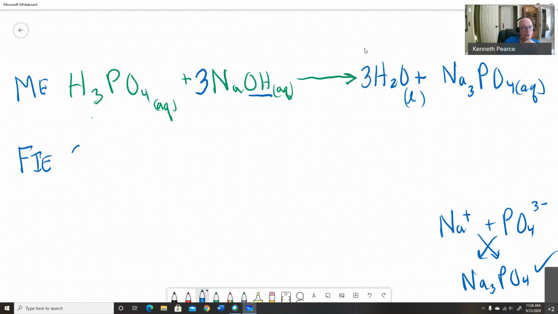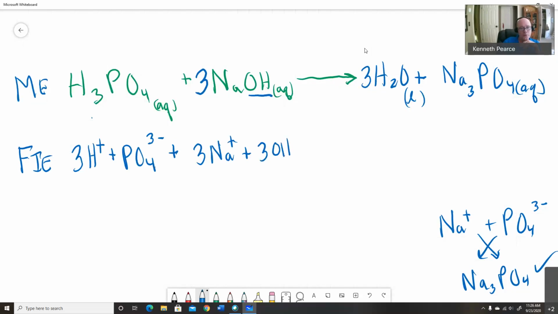They produce H plus, and this is called polyprotic because it's producing 3 protons, plus that phosphate. Got to remember our charges on our polyatomics. Phosphate has a 3 minus, plus that's 3 sodiums, plus the 3 hydroxides. Don't break up the OH. It's just 3 of them, and it has a -1 charge. And then, of course, since the water's liquid, we leave it alone.